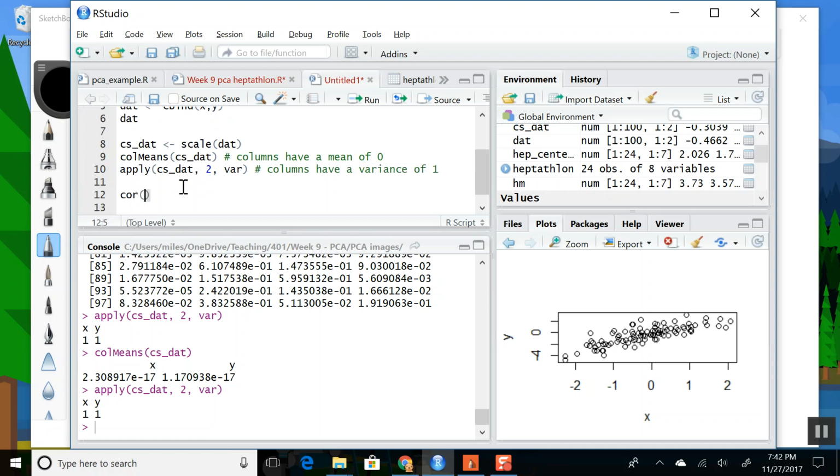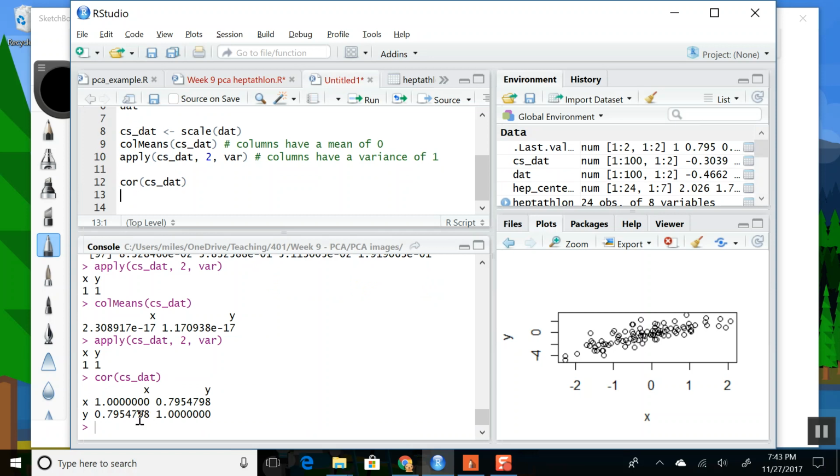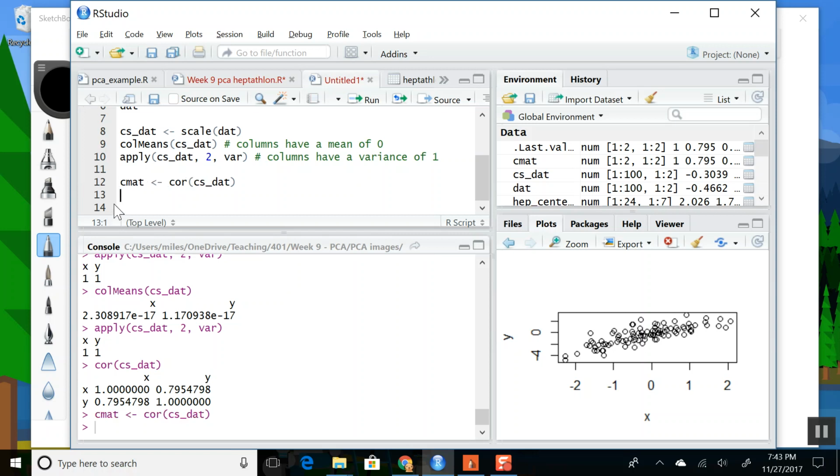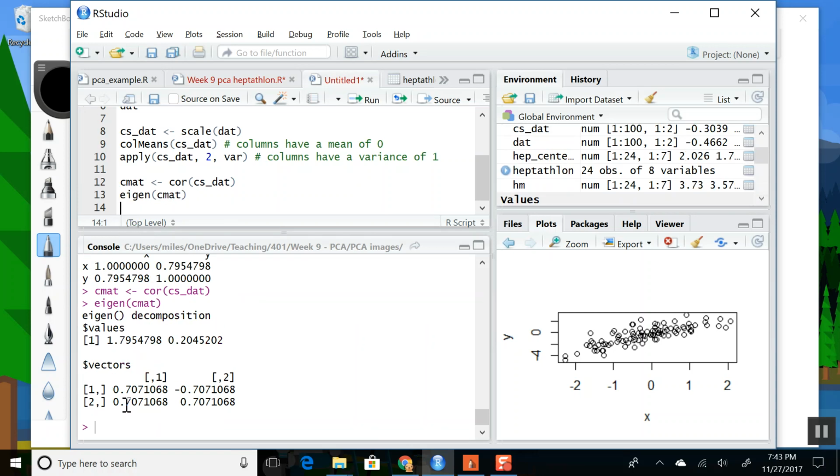Then we'll take the correlation of our centered and scaled data. This is my correlation matrix. And now all I have to do is find the eigenvectors of my correlation matrix. These are my eigenvectors, and this first eigenvector represents the first principal component.